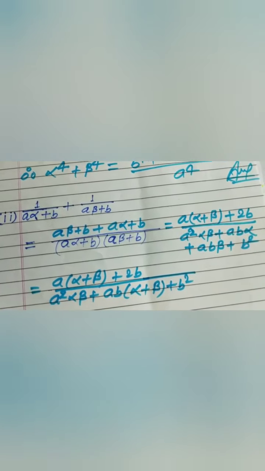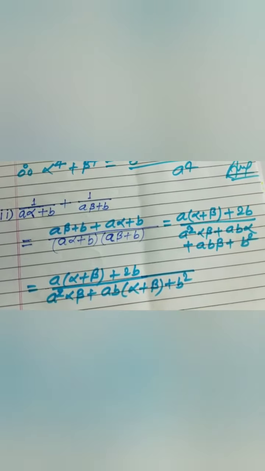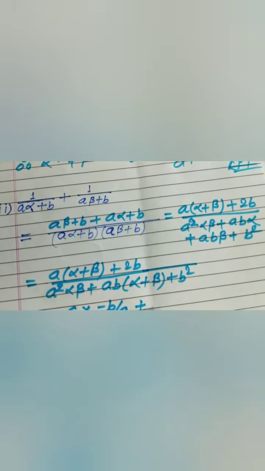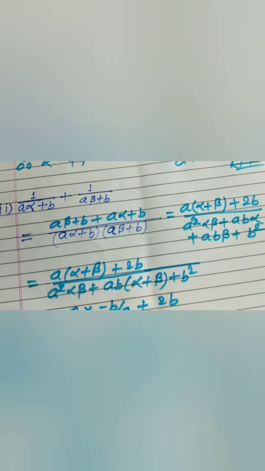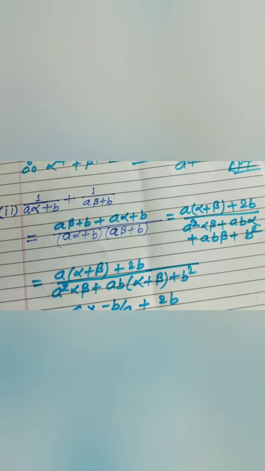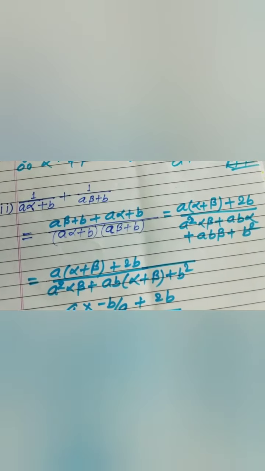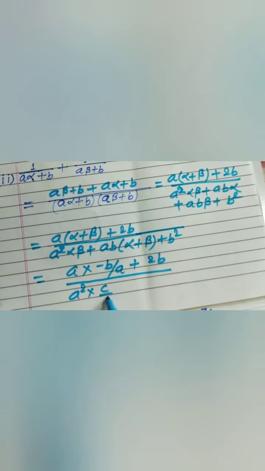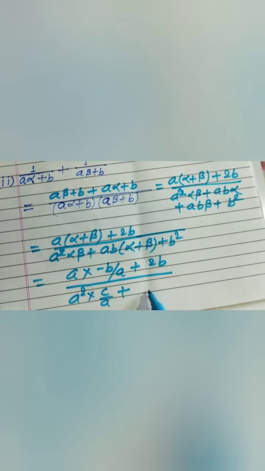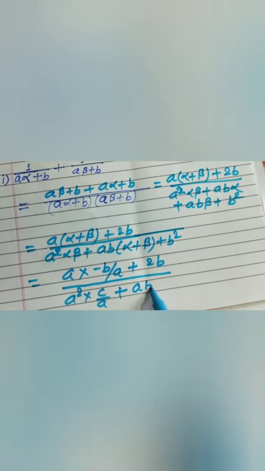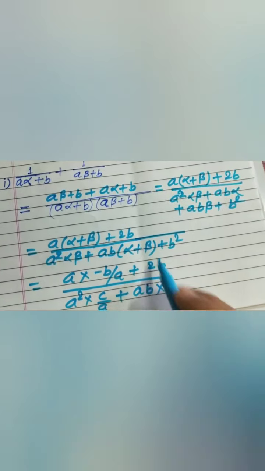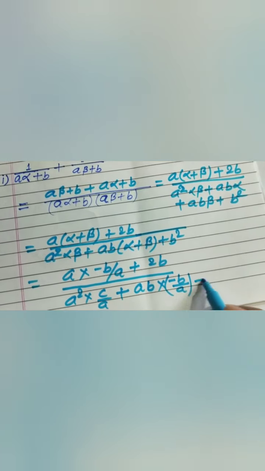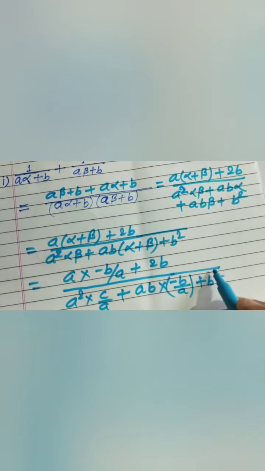Now put the value of alpha plus beta, and value of alpha plus beta is minus B upon A, plus 2B upon value of alpha beta is C by A, plus AB into value of alpha plus beta is minus B upon A, plus B square.